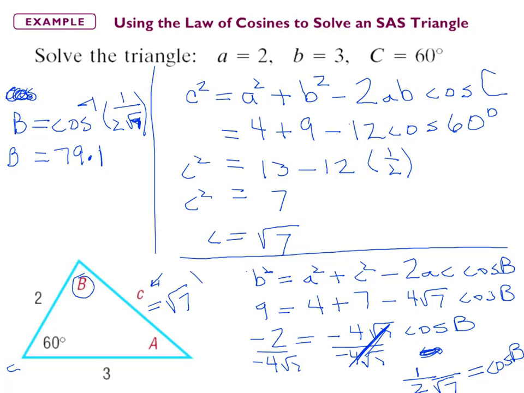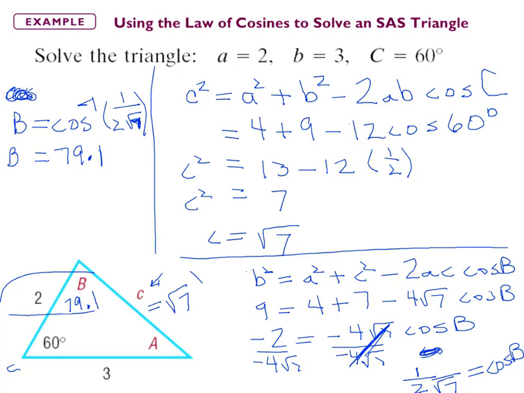Okay, so I now have this angle is 79. Yes, you need degrees. You should have still got an answer in radians. It would just not make sense. But you should have an answer. It shouldn't have given you an error.